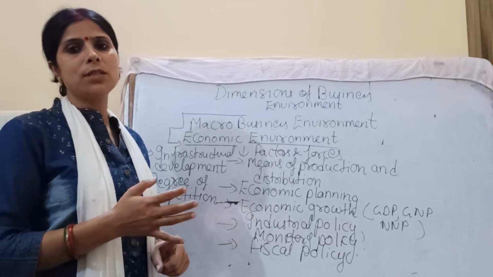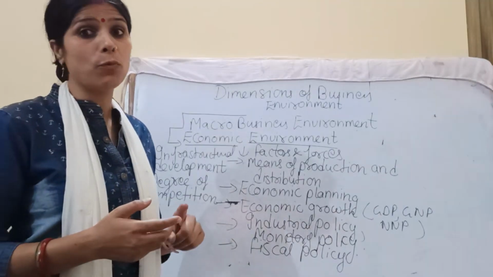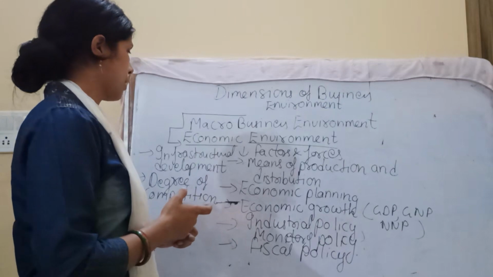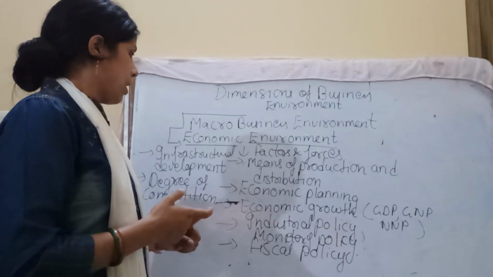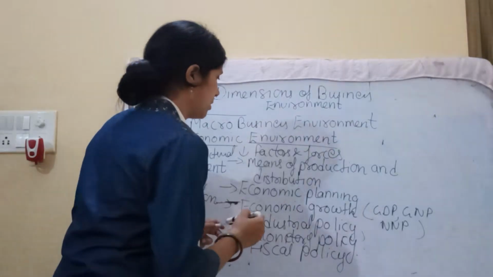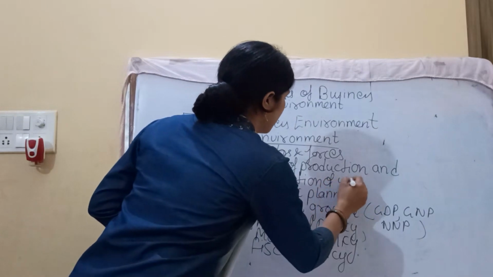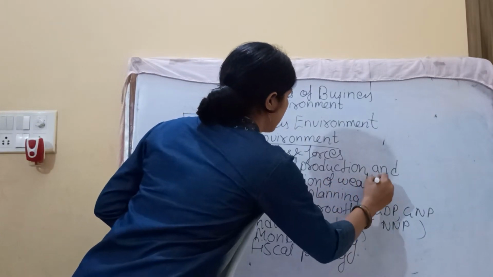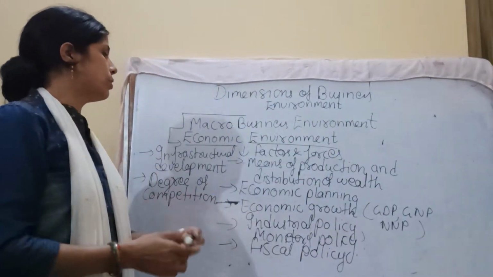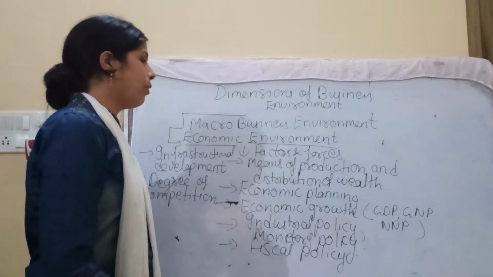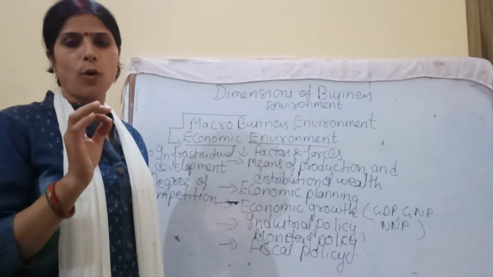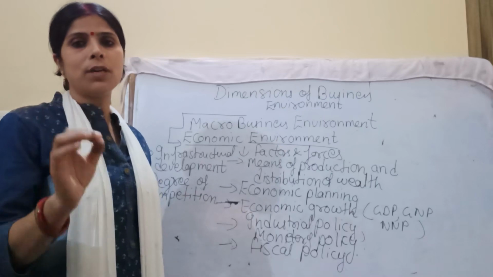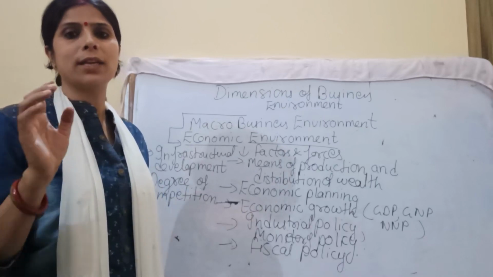Economic justice means equitable distribution of income and wealth in the society. So it includes the distribution of wealth.